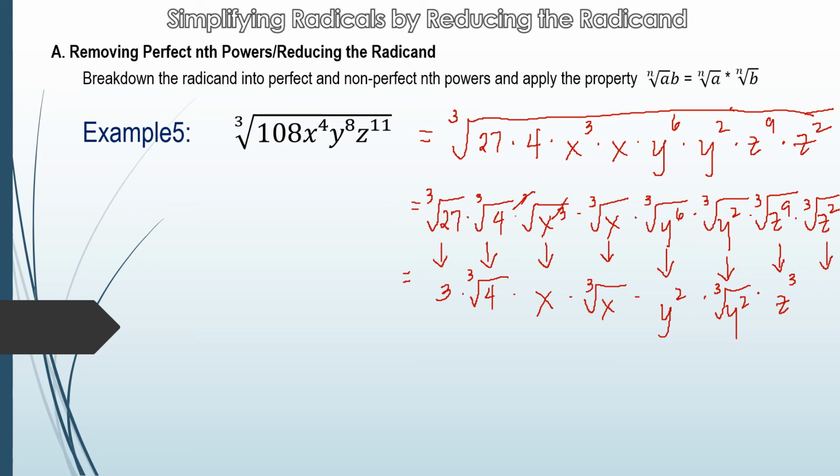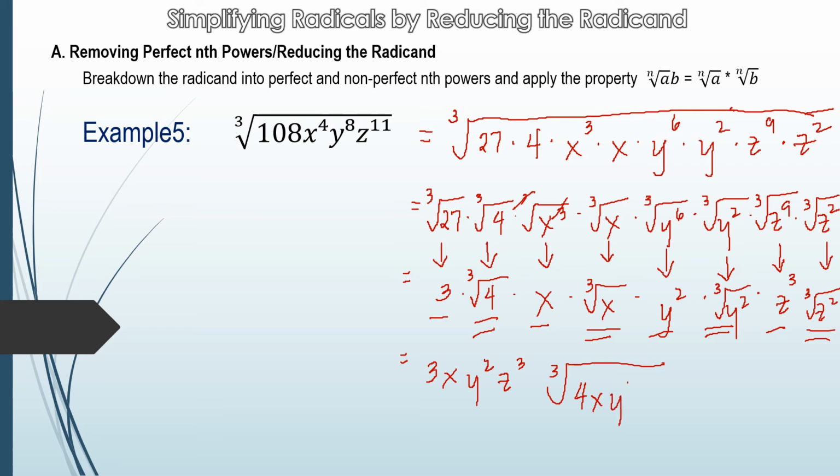And then bring down cube root of z squared. So it means that in simplest form, we have 3xy squared z cubed times the cube root of 4x y squared z squared.